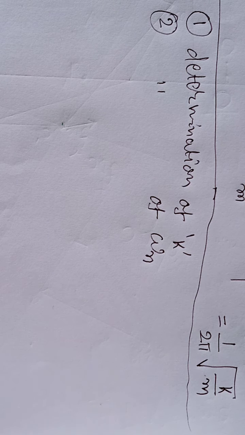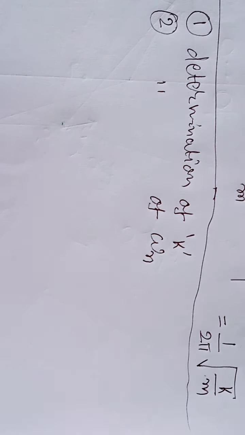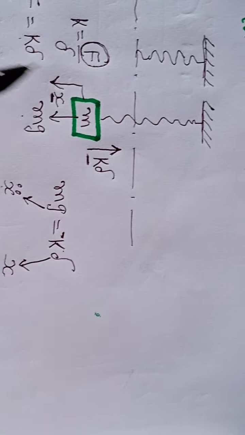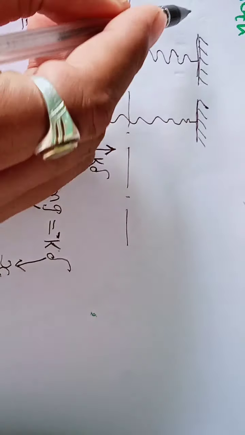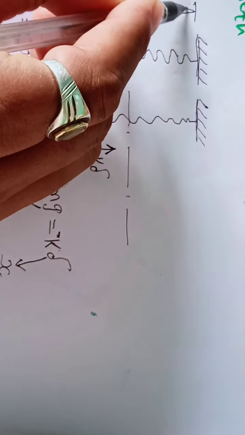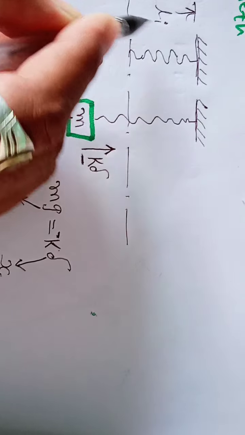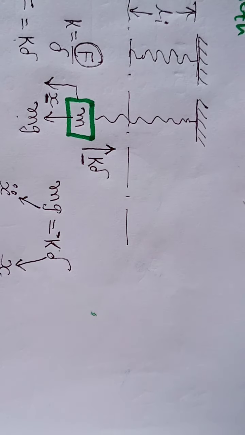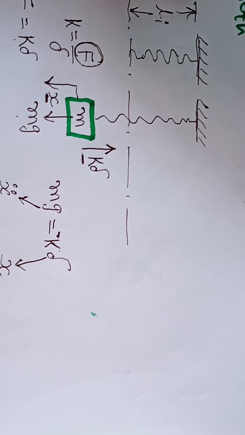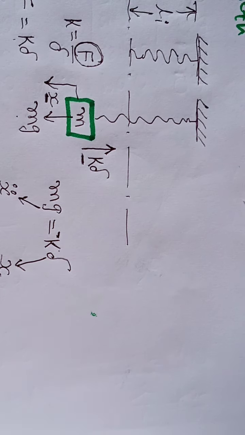So therefore what we are going to do, first of all, we are going to measure initial length. Definitely it will be constant for all the readings, because initial length is not going to vary.